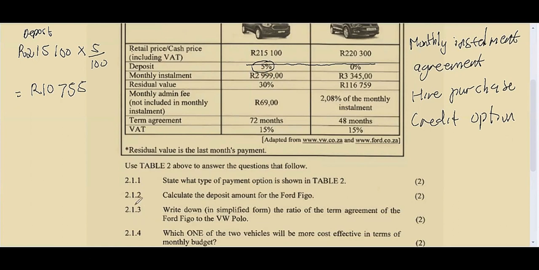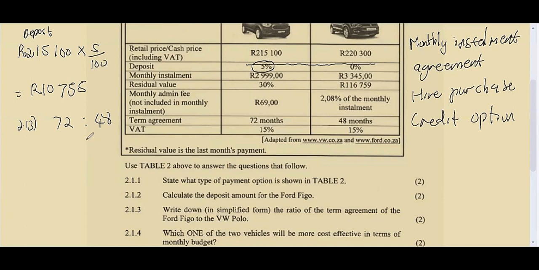Then 2.1.3 says write down in simplified form the ratio of the term agreement of the Ford Figo to the VW Polo. Now, looking at the term agreement, we can see that for the Ford Figo, that's 72 months, but for the VW Polo, that's 48 months, right? So now, in order to write that one, we just go 72 is to 48.